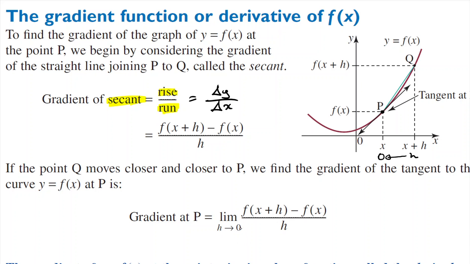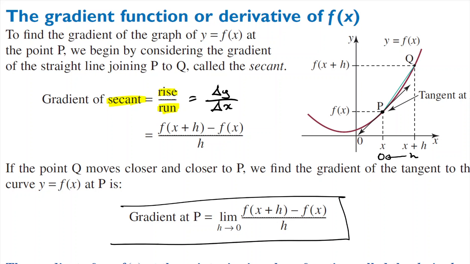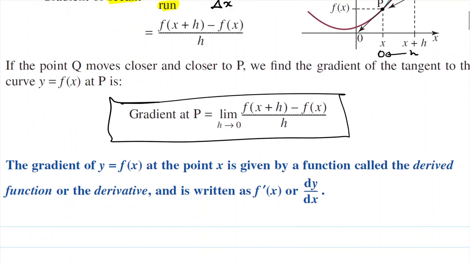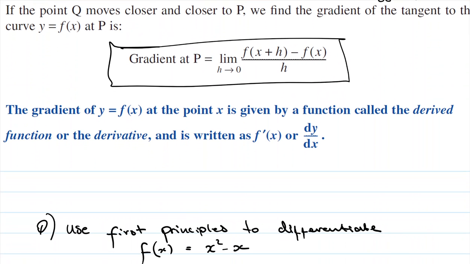So we have got a formula, and that's the one you're going to use to calculate the derivative using first principles. The gradient of y equals f of x at any point x is given by a function called the derived function, or the derivative. So gradient and derivative are very much the same thing, and we represent them by calling them f prime of x, or just dy by dx.